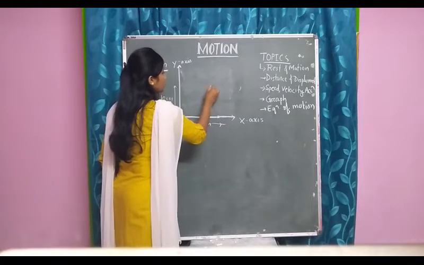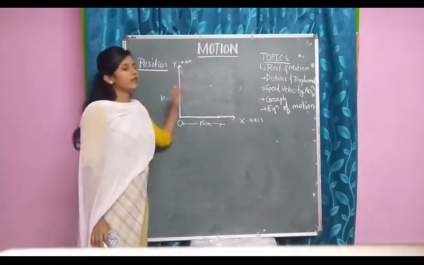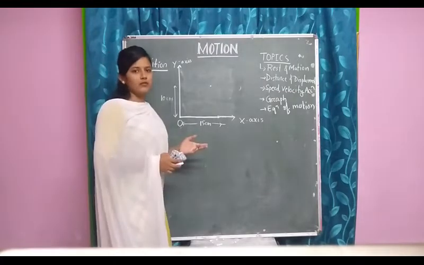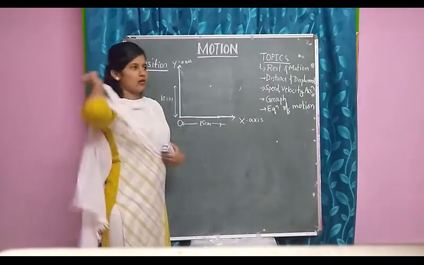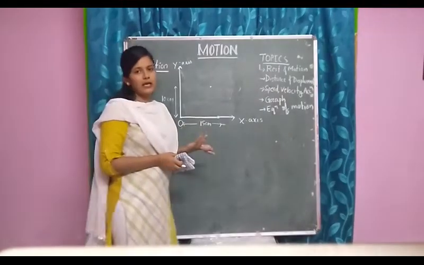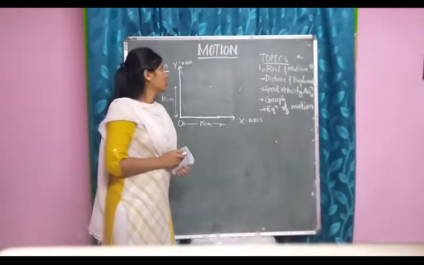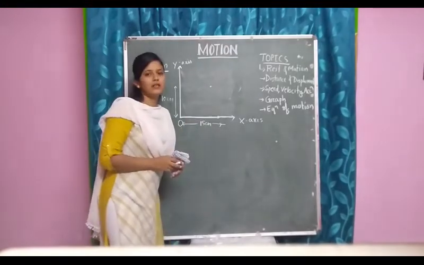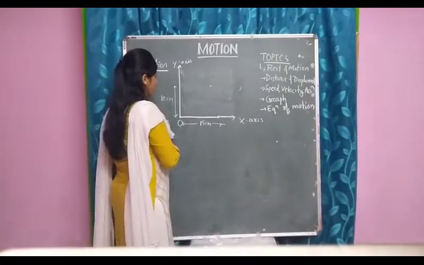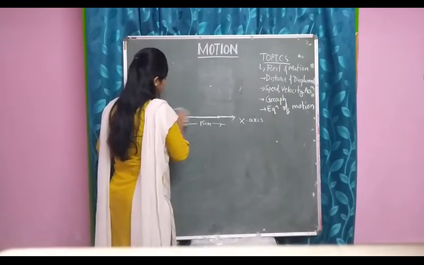Suppose the ant is moving along this plane, then we will say that the motion of the ant is 2D motion. Suppose the ant has wings, so it can fly in the atmosphere. If that case arises, then we will say that that is 3D motion. So in our class 9 we are going to study only 1D motion. 1D motion means motion along a straight line.